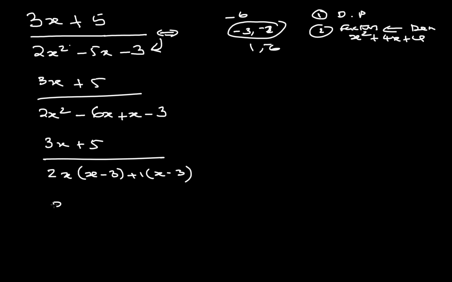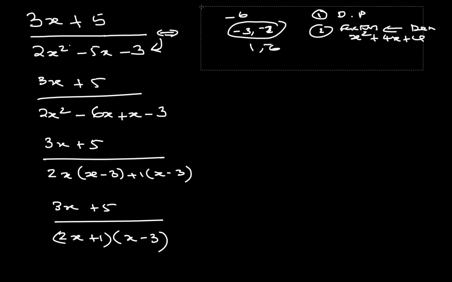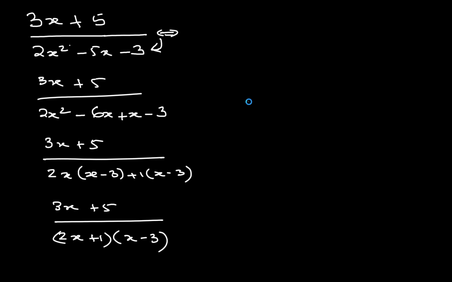Then this will become 3x plus 5, and then this will become 2x plus 1, carefully, and then this becomes x minus 3. Now here you will notice something very, very important. What do we notice here?